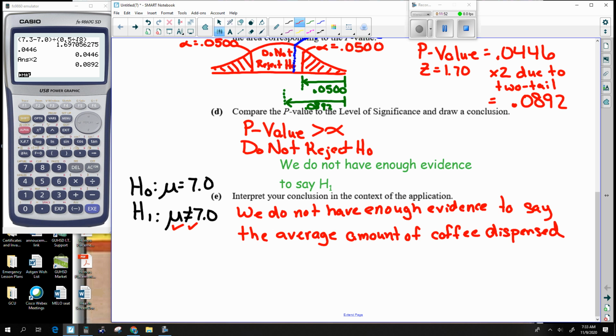That middle symbol is not equal to, and then 7.0 ounces. We do not have enough evidence to say that the average amount of coffee dispensed is not equal to 7.0 ounces. That's in essence saying we do not have enough evidence to say H1.